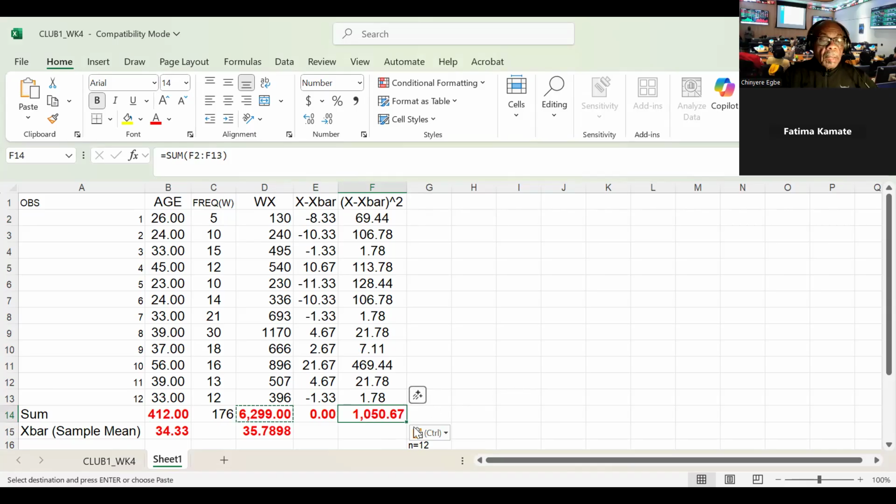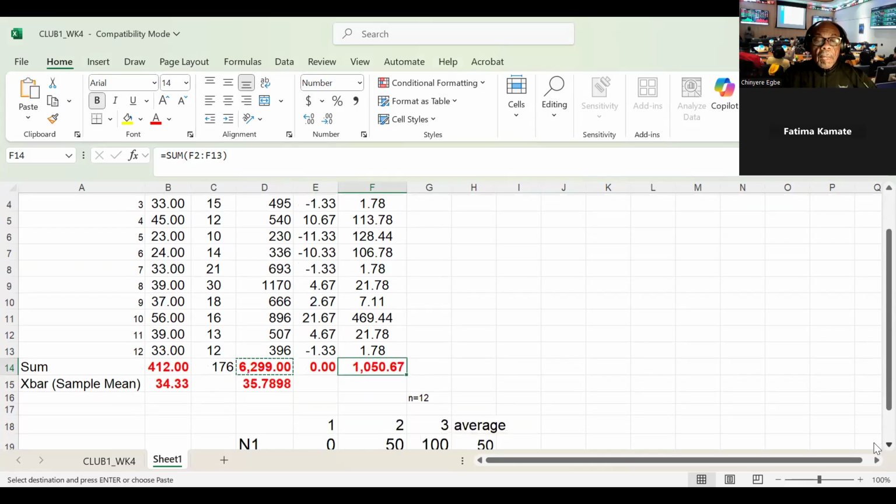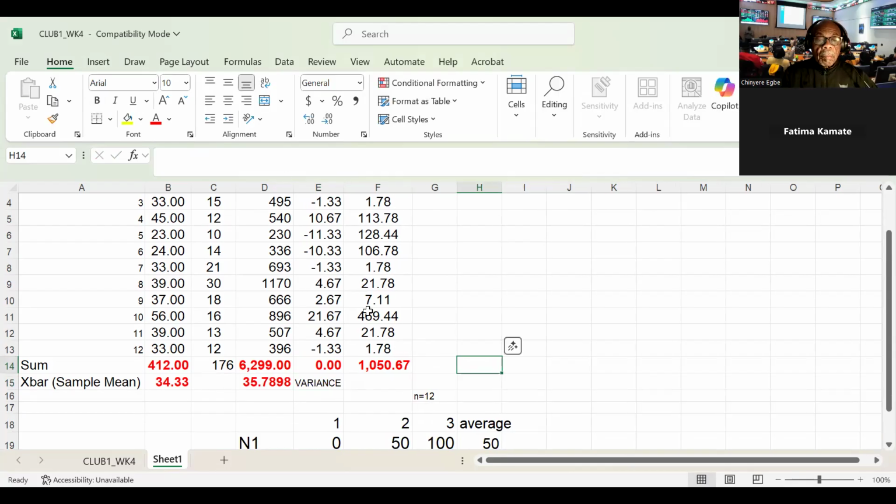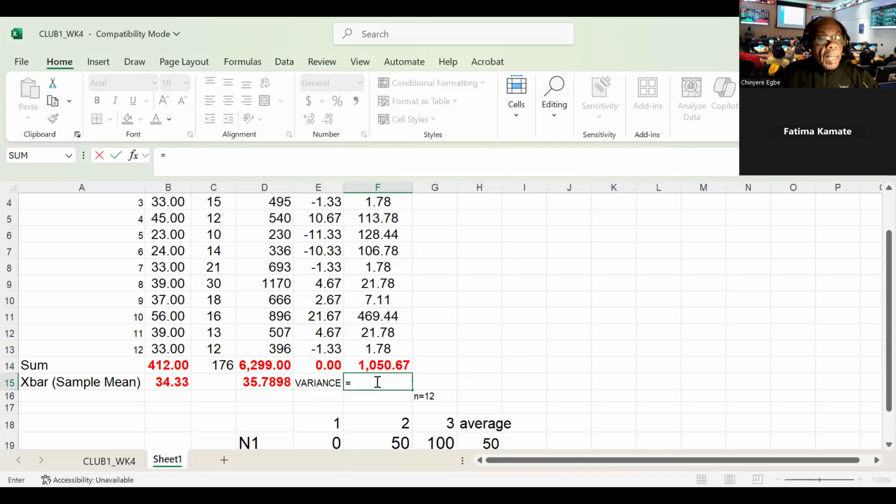And then the sample variance. I'm going to call this variance. The sample variance is this sum divided by n minus 1, which is equals F14 over 12 minus 1.